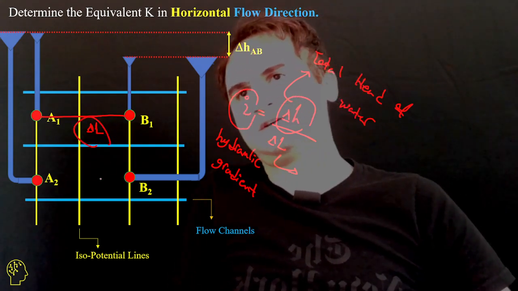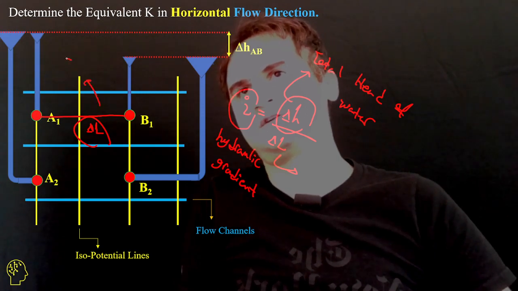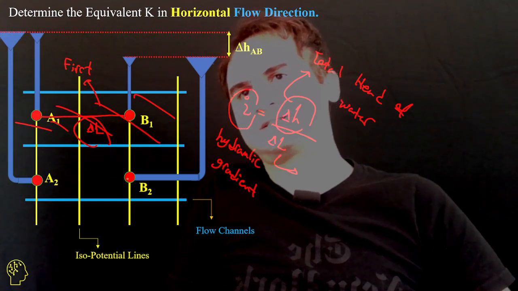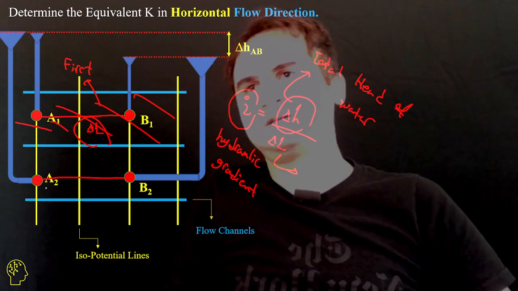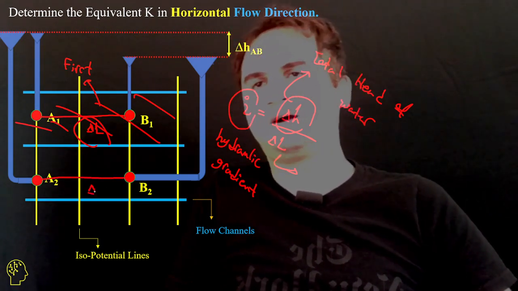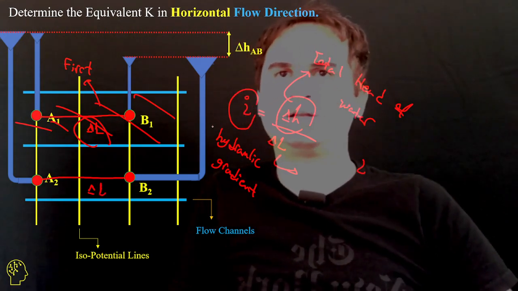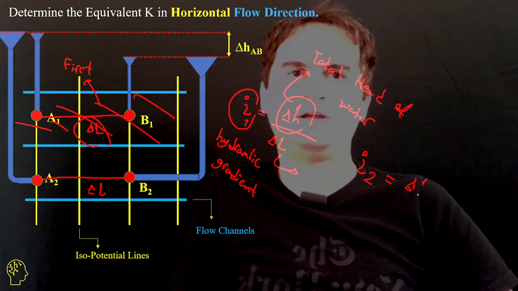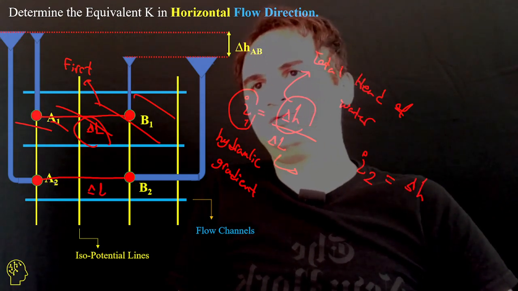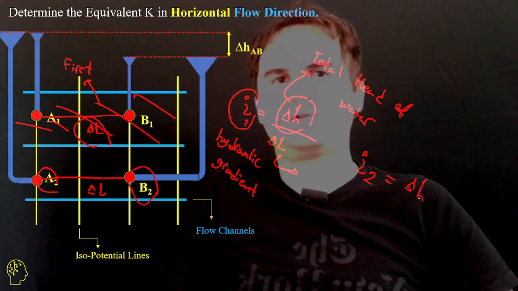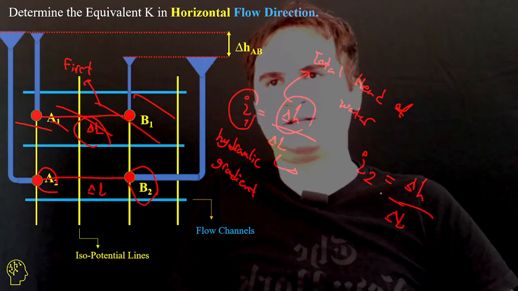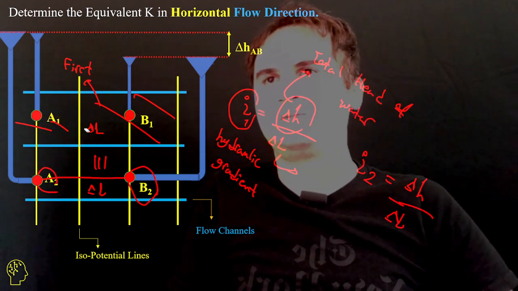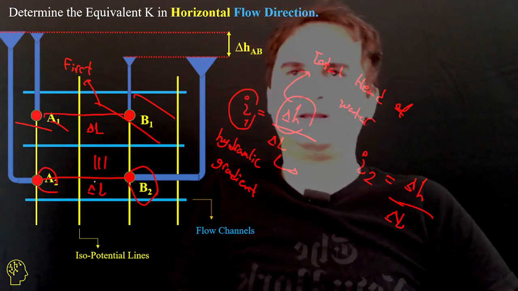If we consider the second layer, this is our first layer, for example, the same concept applies from A2 to B2, with the same amount of length. So this was A1 to B1, I1, and I2 is delta H from A2 to B2 over the same amount of length, because the length remains the same in both layers.